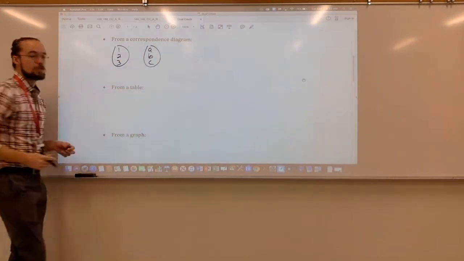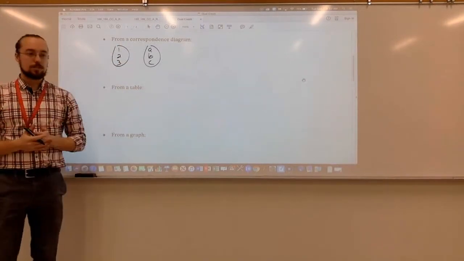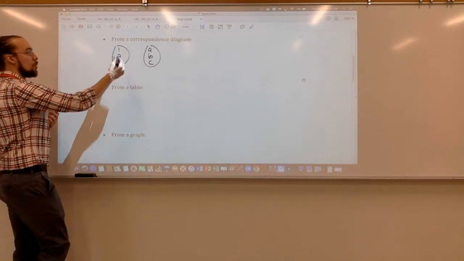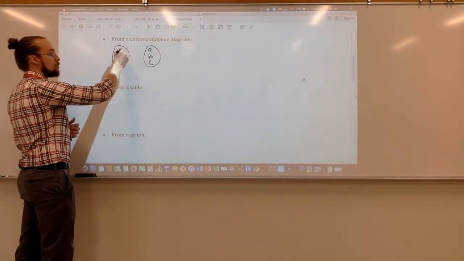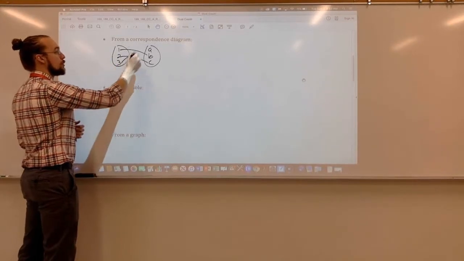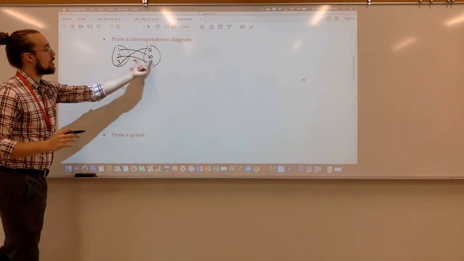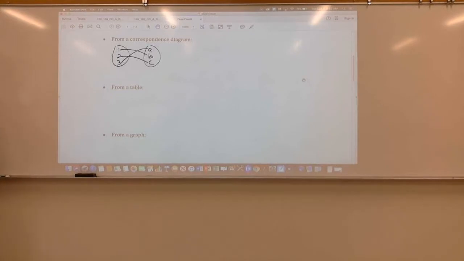These are my two sets, 1, 2, 3, and A, B, C, and I want to map the first set onto the second set. Let's say I map 1 to B, 2 to C, and 3 to A. That's my correspondence diagram, mapping the first set onto the second set.